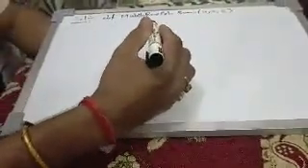In the body of the function we declare two variables, s1 is equal to 0 and s2 is equal to 0, where s1 represents the sum of middle row and s2 represents the sum of middle column, and initially we have set the values of s1 and s2 as 0.